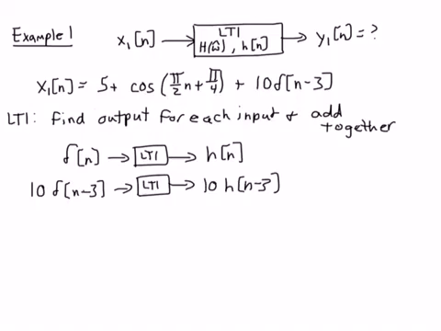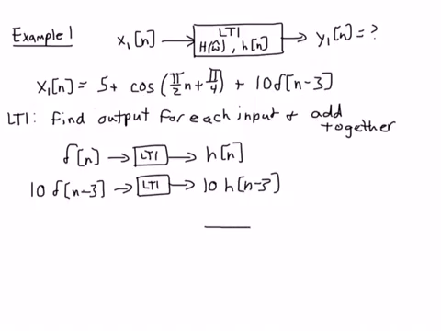So it scales it in amplitude by a 10, and it shifts it in time by 3, because the impulse is scaled by 10 and shifted by 3. So we know the output to this term is just 10 h of n minus 3, and we know exactly what that is, right? We know what h of n is.